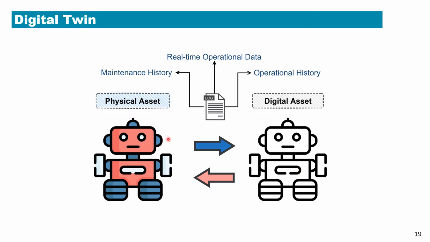A digital twin is a real-time virtual representation of a counterpart of a physical object or a process. The main characteristic of digital twin technology is the connectivity between the physical and digital asset. And this connectivity is what makes a digital twin a promising approach.